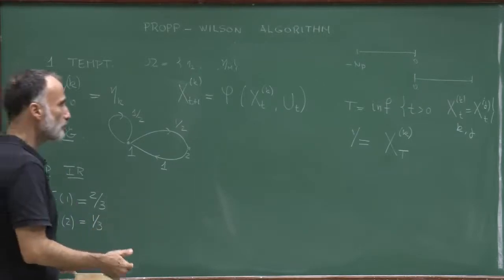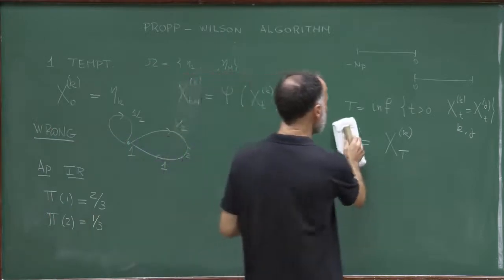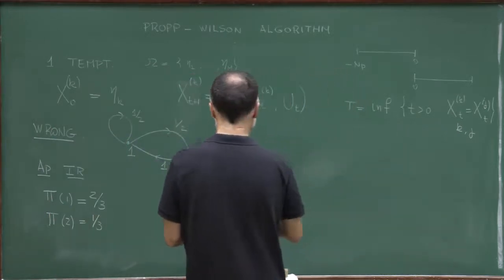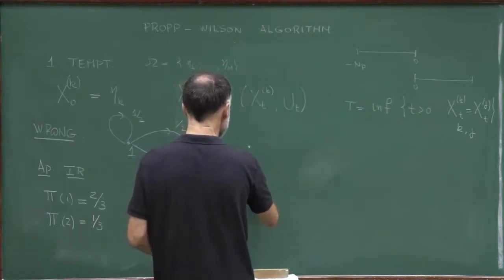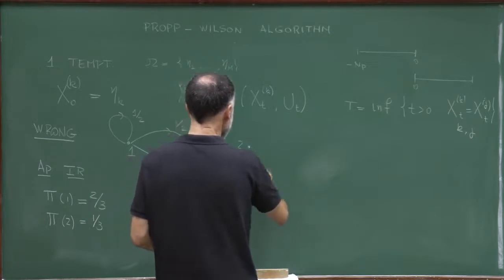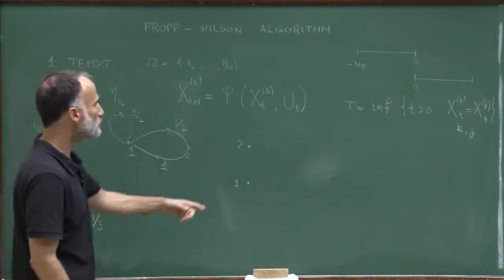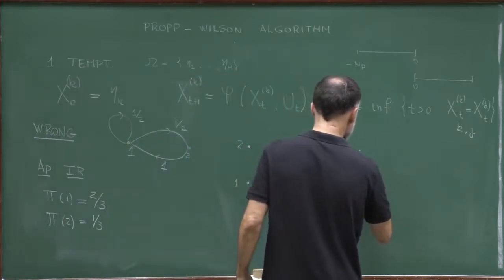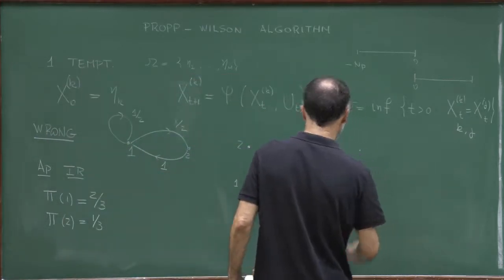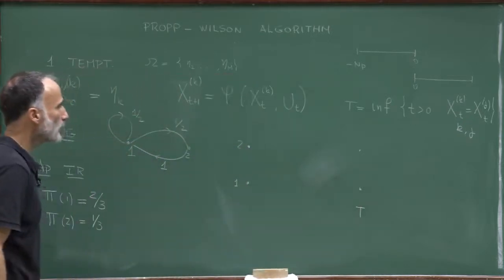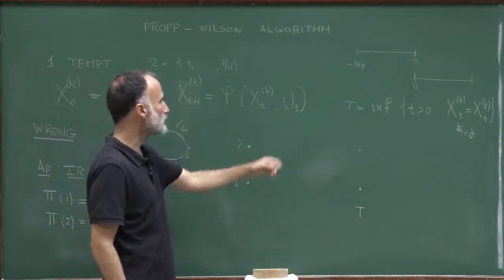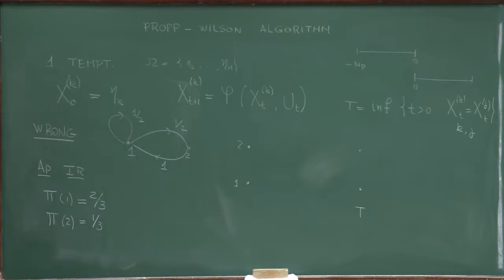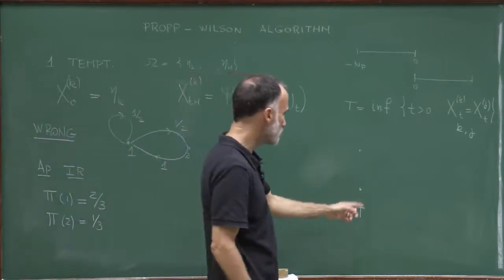Now, let's assume that you start from 1 and 2, and you run your Markov chain by using this algorithm and this IID sequence of uniform random variables. So let's see, T is the first time they meet.